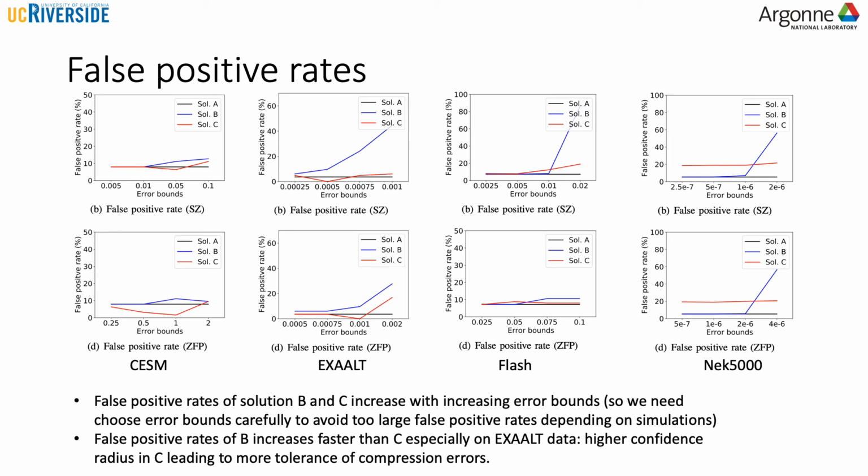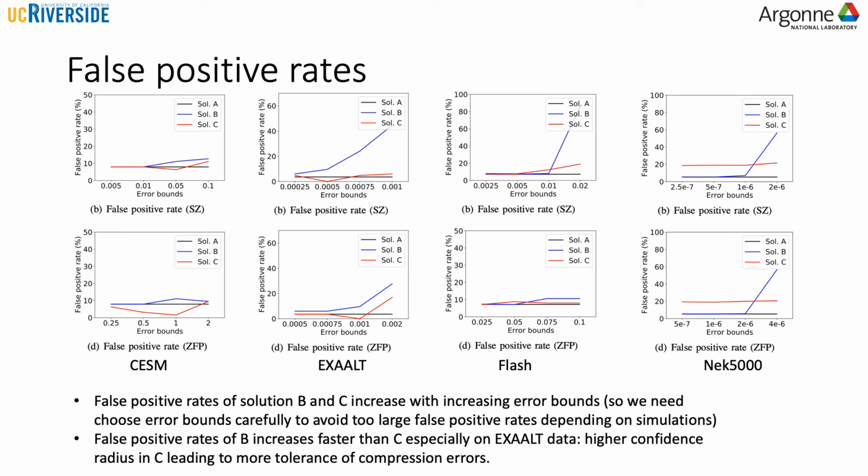For example, if we use SC and solution B to detect SDC in Flash dataset, an error bound that is greater than 0.01 will make the detector not usable because the false positive rate is too large.